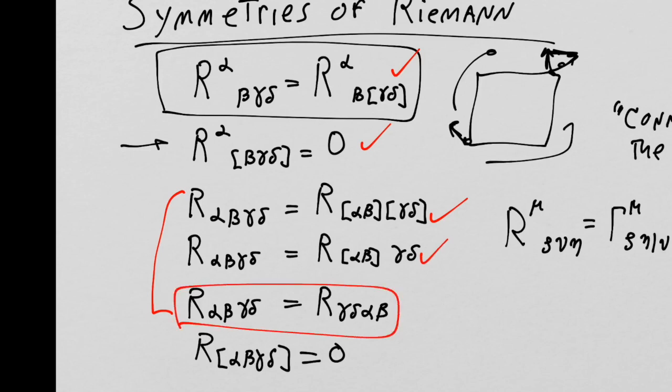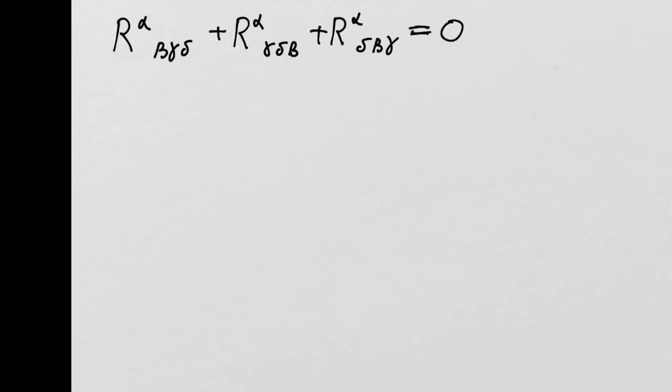This is the hardest one, and it's not that hard. First, we begin by noticing this is the first Bianchi identity, right? This is our cyclic alpha, beta, gamma, delta, beta, delta, beta, gamma. This is the first Bianchi identity, which simplifies to this because of the antisymmetry in those two indices.